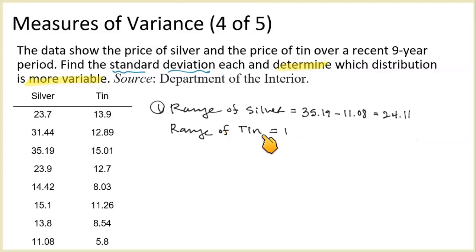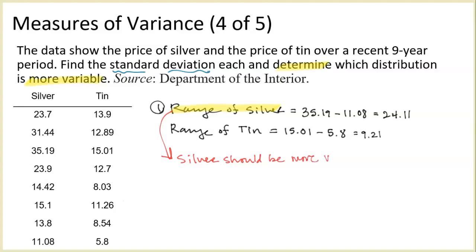And then we look at the range for tin, we find the highest value 15.01 and the lowest value 5.8, and we discover that tin is the least spread out of the two different metals. The silver has a higher spread in its cost, so the silver would actually be a lot more variable because of the higher fluctuation in its values.